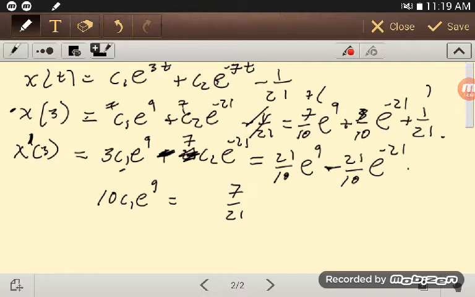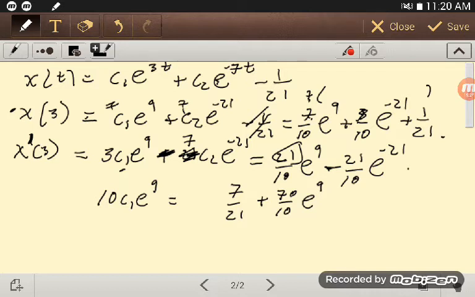So actually those do cancel, and what I have is 7 times 7 is 49, plus 21 here. 49 plus 21 is 70, and so I'll get a plus 70 over 10, because I've still got the 10 over there. So 70 over 10, or 7, e to the 9th.